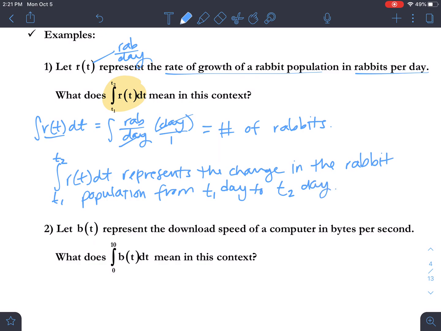Usually it's like 1 to 4, but this is just a different context here. So the biggest things you need to mention: it represents the net change in the population, and this is in number of rabbits, right? A population, number of rabbits. And you need to mention the lower and upper limits. I said those backwards.